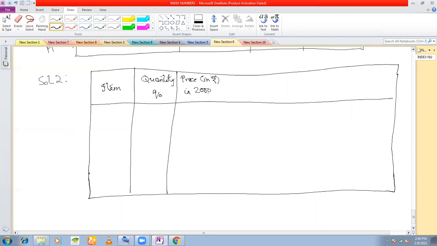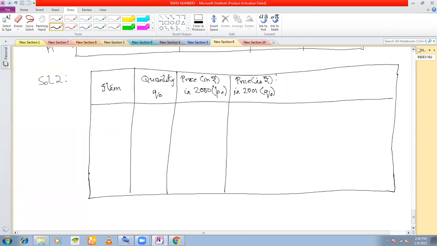We are treating 2000 as the base year, so this must be P0. We need to calculate the index number for the year 2001, so price in rupees in 2001. Obviously this is the current year, so this should be P1.